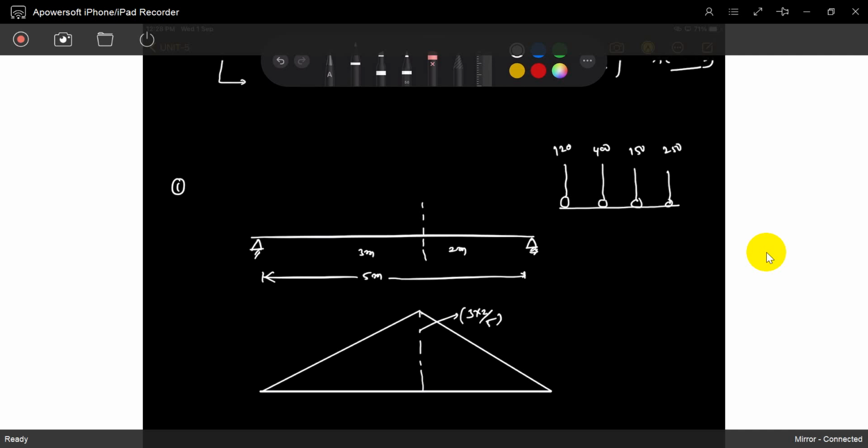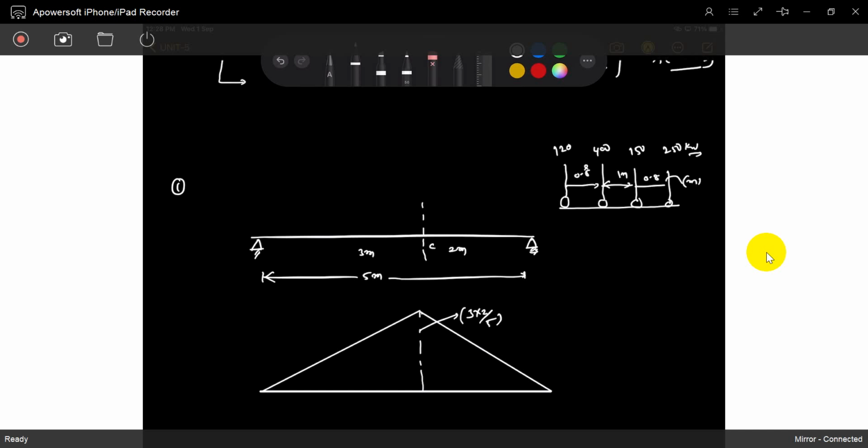The distances are like 0.8, 1 meter, again 0.8. Okay. All loads are in kilonewtons. These are the meters. Can you find out the maximum bending moment at that section?